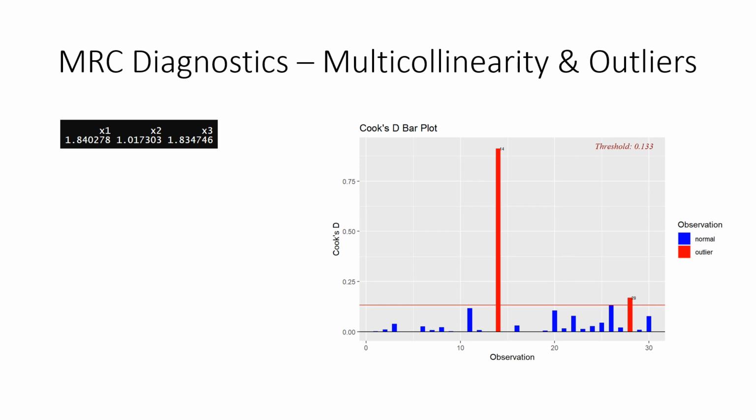You can also use a Cook's distance plot to find outliers that may be bringing in multicollinearity. Based on this plot that I have made right here, it seems that observation 14 and, to a lesser extent, observation 26 are outliers that we may need to pay attention to.